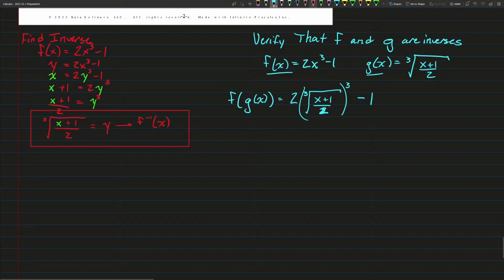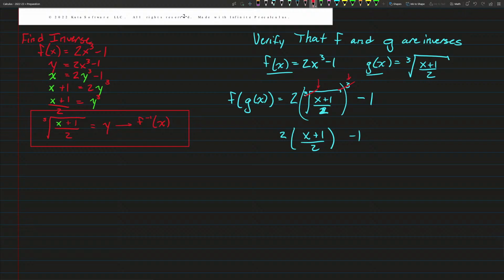All right, now if you look at this, we have a cube root, and we have a cube. Those things undo one another. So then we're left with 2 times (x plus 1) divided by 2, minus 1. Again, the cube root and the cube undo one another.